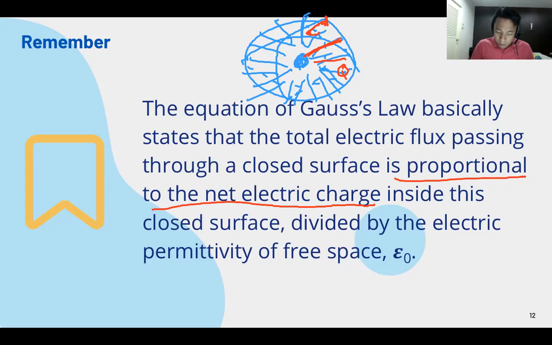Kapag sinabing proportional, kung lalabas ang isang charge dito, lalabas din yung, if this one is the Q, isang kulay, this is proportional to another charge.